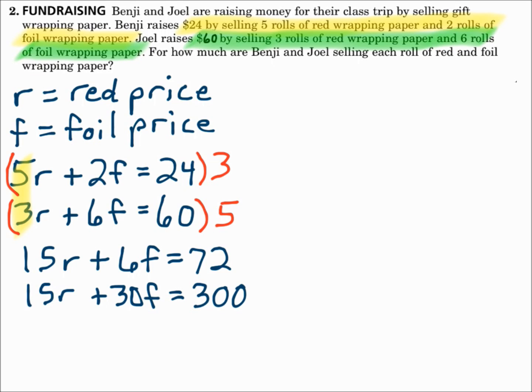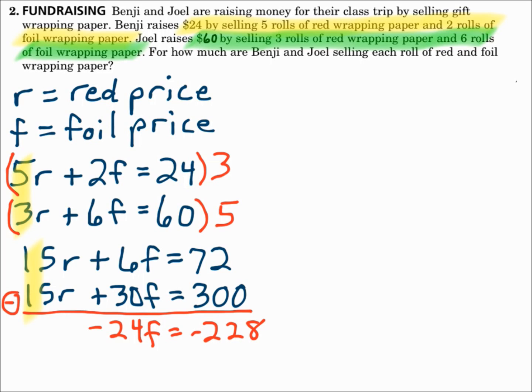Now, the r's have matching coefficients, so we can eliminate. Since they're both positive, the signs are the same, we will subtract these equations. 15r minus 15r is 0, so the r is eliminated. 6f minus 30f is negative 24f equals 72 minus 300 is negative 228.